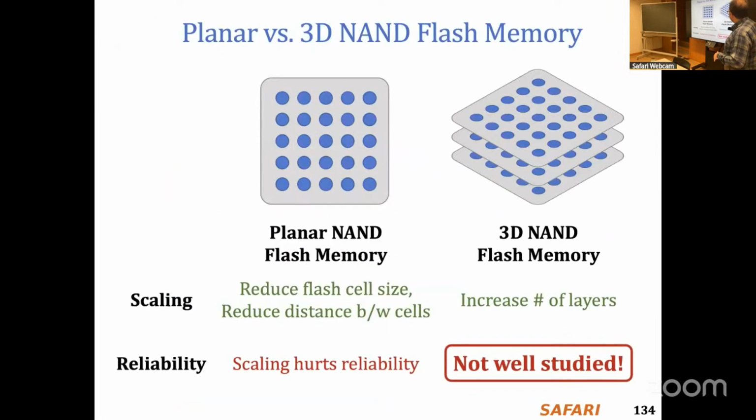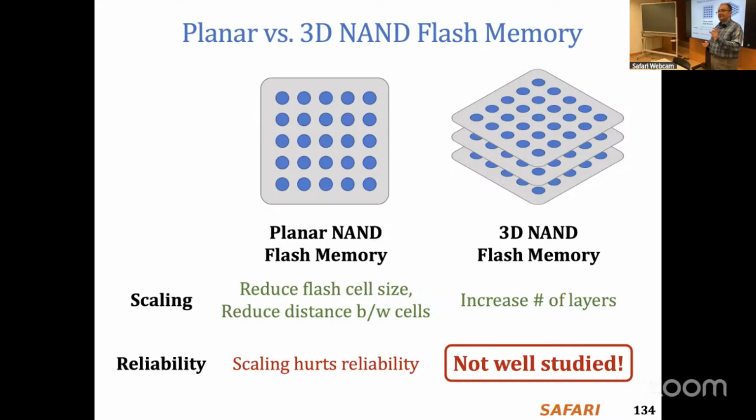Okay. So many of the works that I'm going to discuss consider planar NAND flash memory, which is 2D. I want to give you just a very quick story that essentially in 2D flash memory, the vendors wanted to improve the capacity.